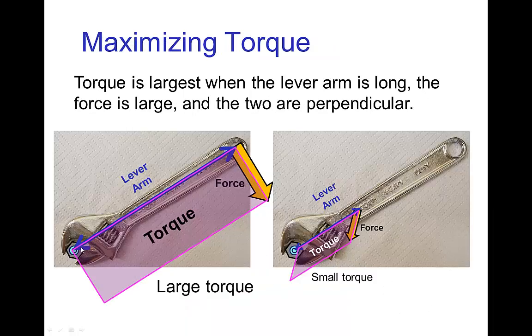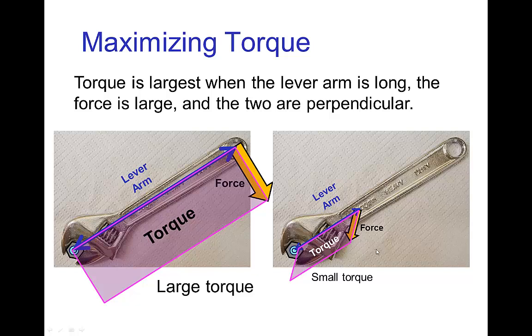If we want to apply a large torque when you're using a wrench to turn a nut, you apply the force at the end of the wrench so that the lever arm is as long as possible, and you apply that force perpendicular to the lever arm, so that this resulting rectangle is as large as possible.